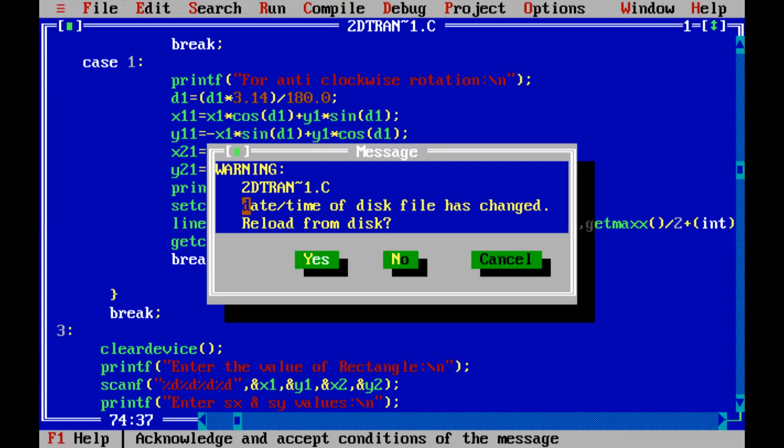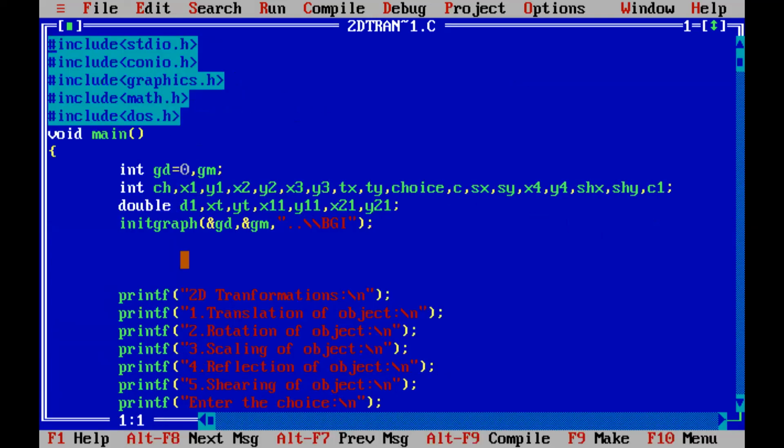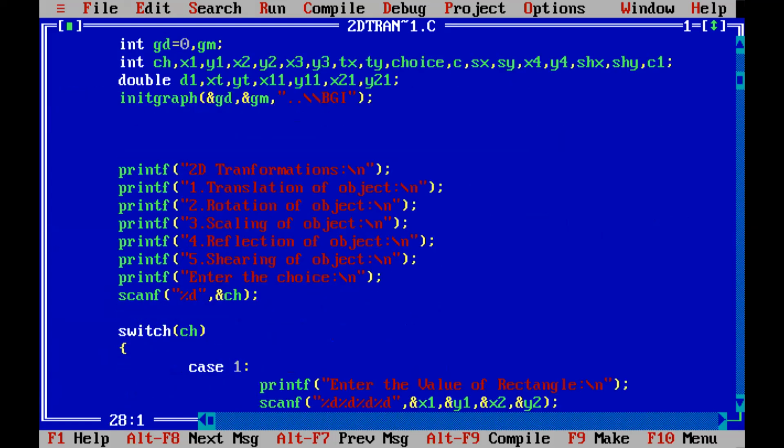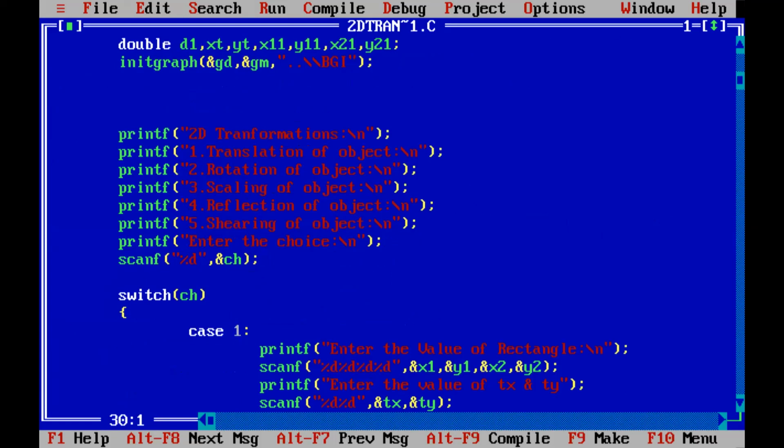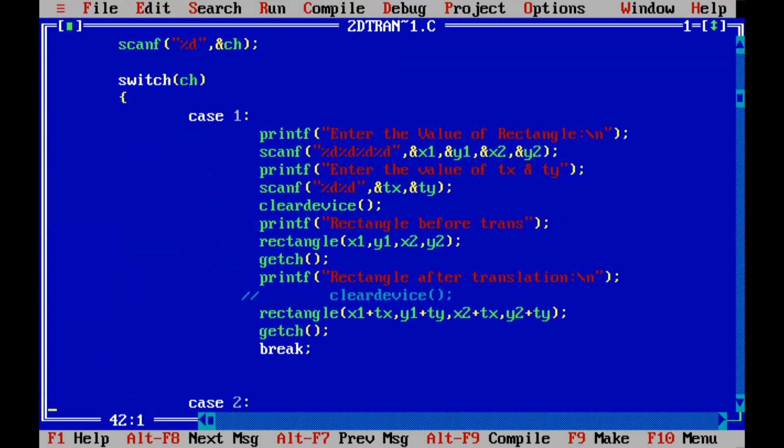Okay. So we will leave this. I will modify the code and I will send this to you. For rotation of the object, it is showing somewhat error. So I will find it out and correct it. Then we will see that once again.